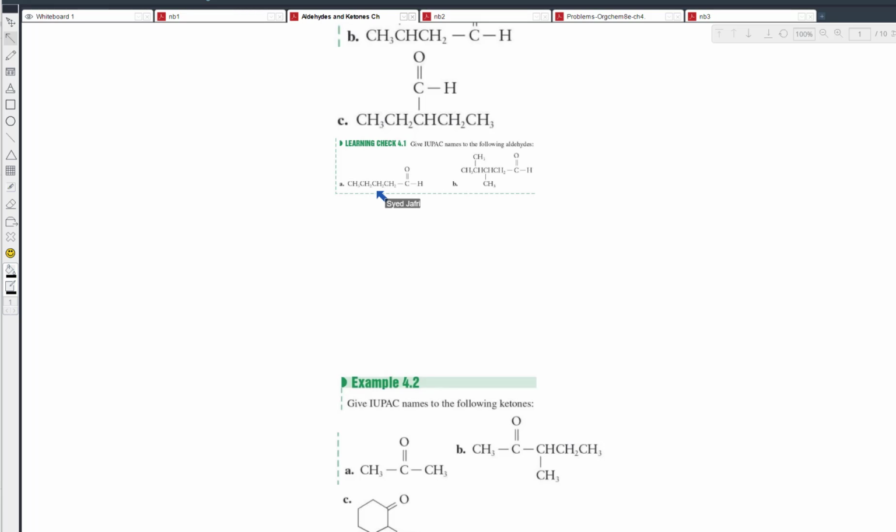Now, what about this one? We got the IUPAC name for 1, 2, 3, 4, 5, should be pentanol. What about this? 3,4-dimethyl, 1, 2, 3, 4, 5, pentanol.